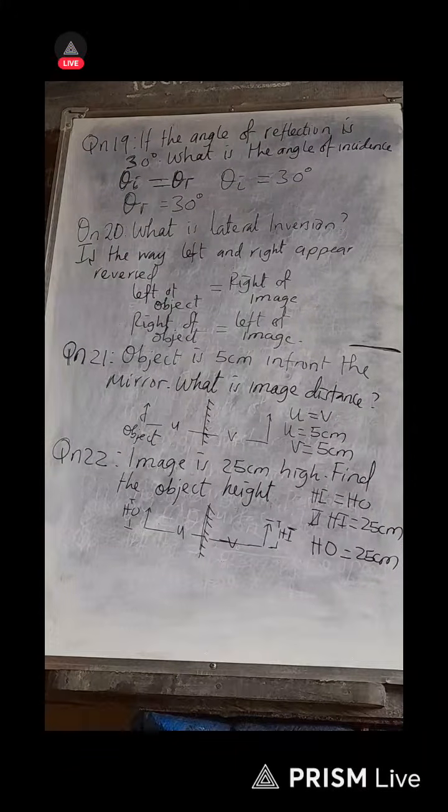The reason behind this is that object size is equal to image size. So no magnification. Object height is equal to image height, and the object distance is also equal to image distance. So there is no problem on that.